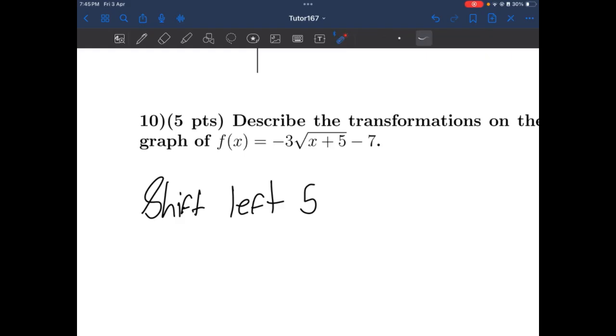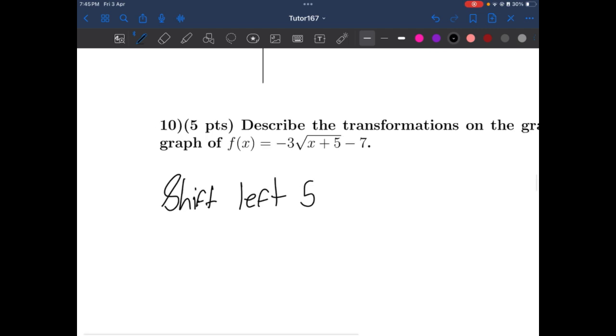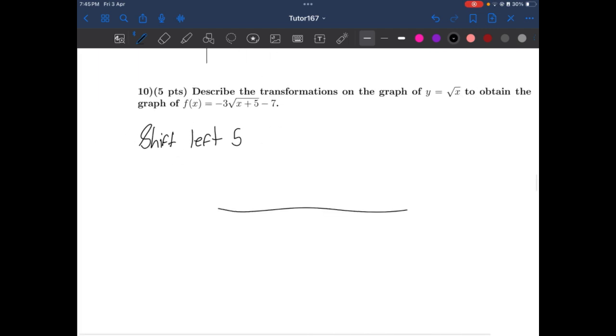Right, the next thing that's going to happen is the y values are being multiplied by negative 3. So you're reflecting across the x-axis, because if the y values are being multiplied by a negative number, let's say the y value up here, when you multiply it by the negative number, it will go down here.